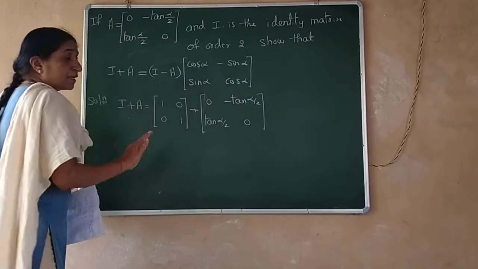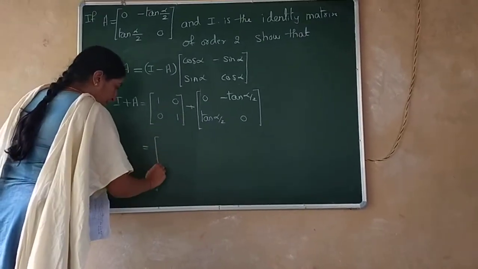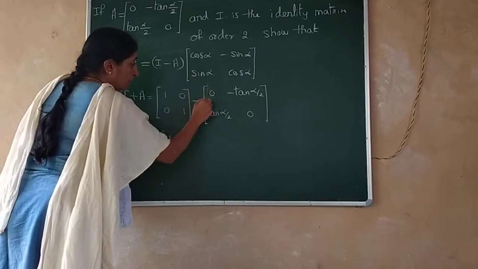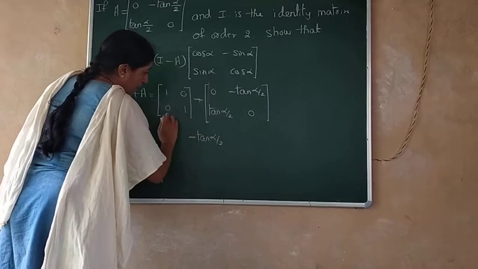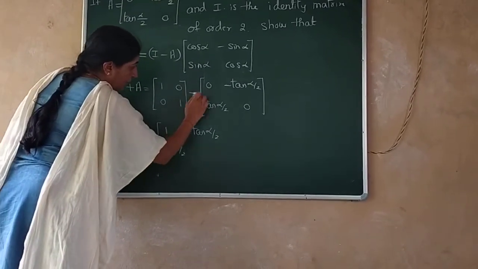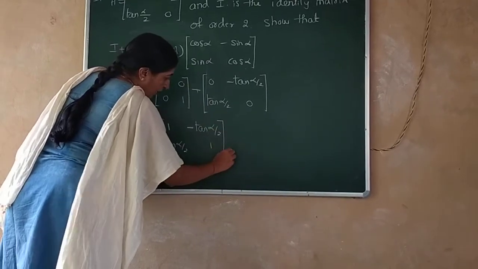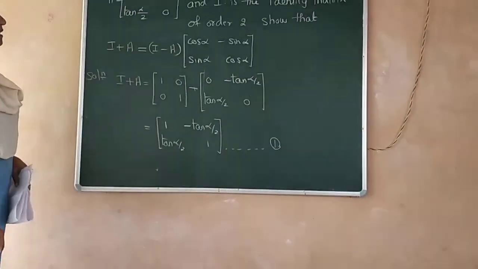Then just add the corresponding elements. 1 plus 0 is 1. 0 plus minus is minus tan alpha by 2. And this is tan alpha by 2. 1 plus 0 is 1. Let us call this equation 1.